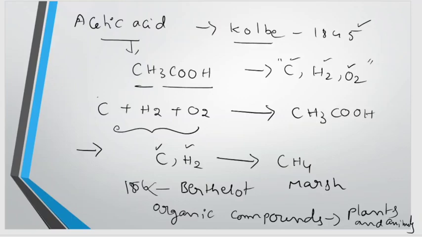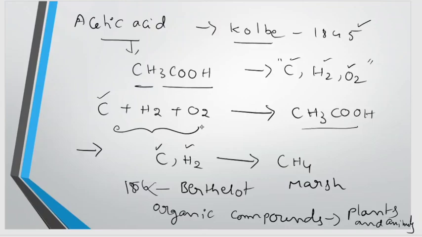Just from its constituent elements, he was able to prepare acetic acid through electrolysis, which is called Kolbe's electrolysis, and he was able to synthesize the compound CH3COOH.